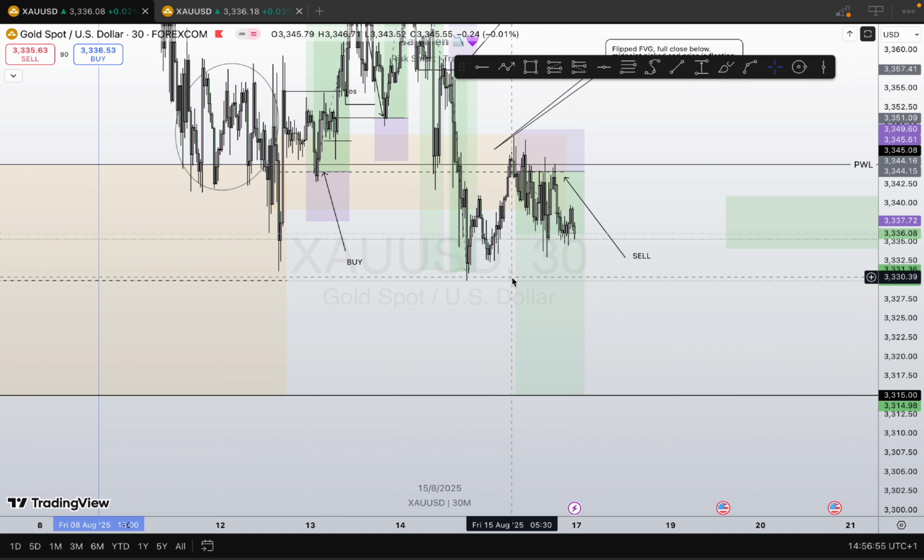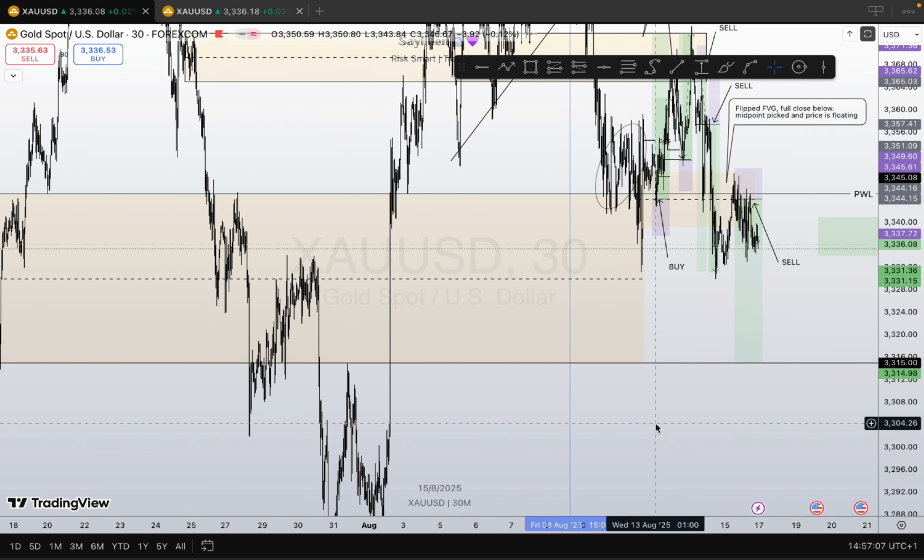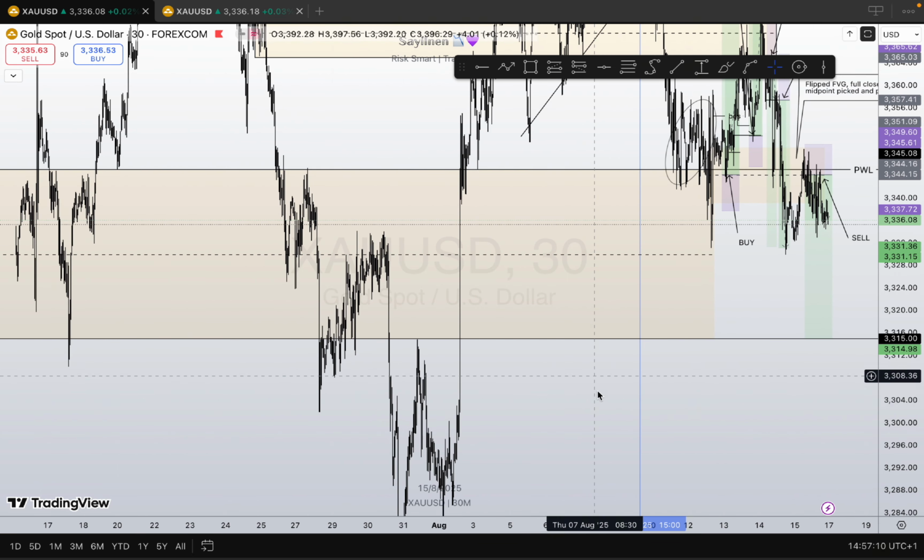It should take out this level, which should be our previous week low right here. I expect price to take it out and then chase this level because of the weakness from here. So I expect price to do this and come back to somewhere around here. We might start to see some type of bullish reactions after price takes this low here.